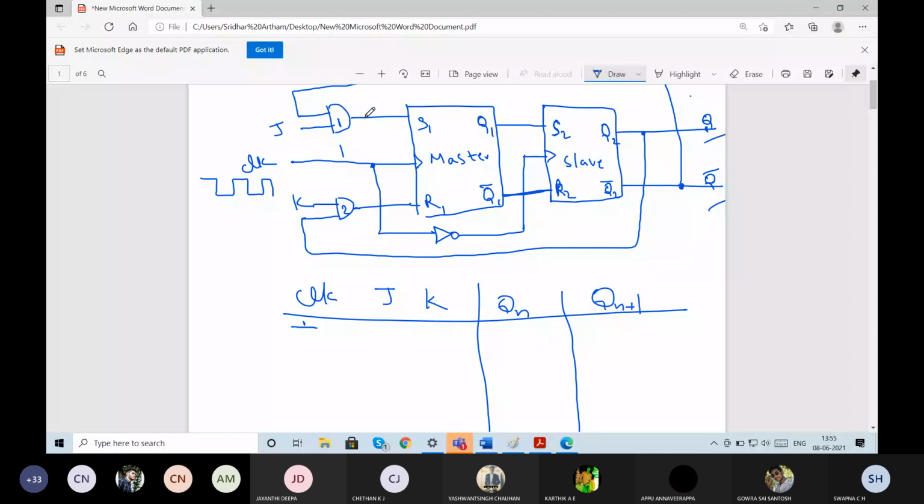Since the master is active, it will depend on the present J and K values. What about the slave? The slave will get 0, right? When the clock is 1, the master gets 1 as clock, and the slave gets 0 as clock. So will the slave be active or inactive? Inactive.